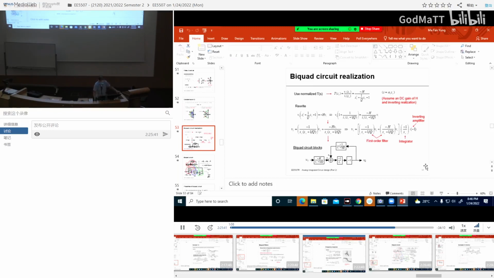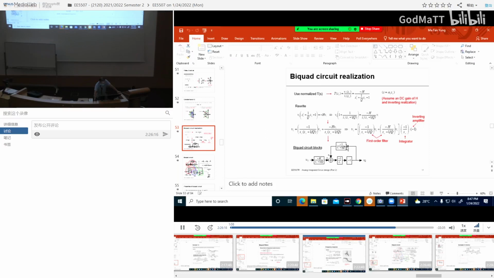Now for the biquad, we will write again the transfer function in the normalized domain. Here is the second order. We rewrite all this, and then we can see that this becomes like 2 first order blocks multiplied by an integrator. Mathematically we can map it from here to here.